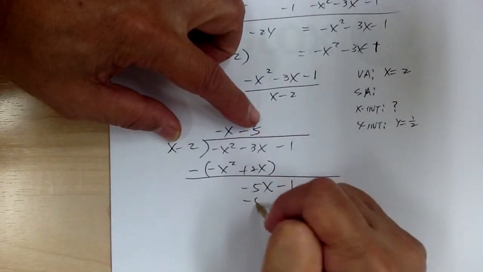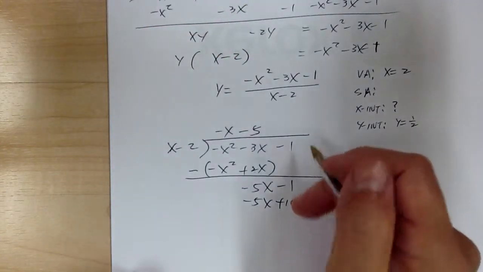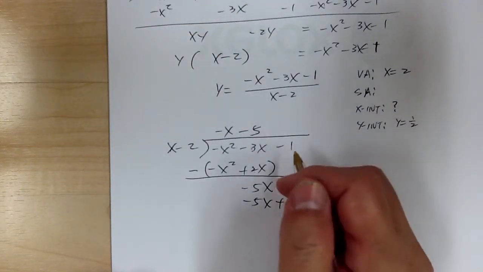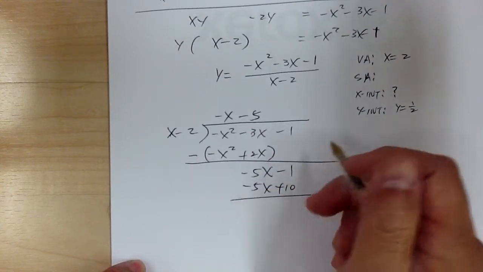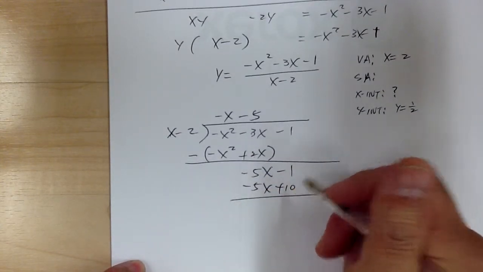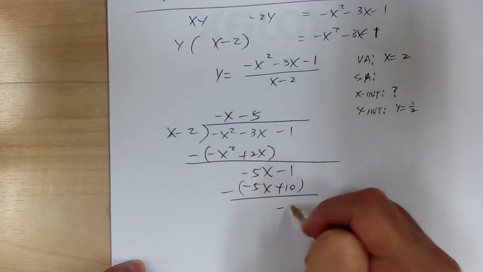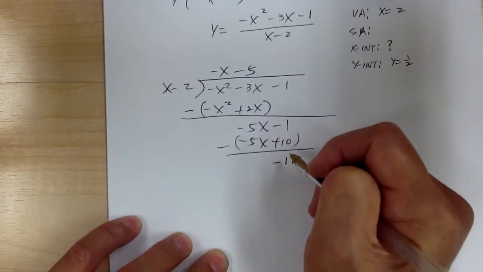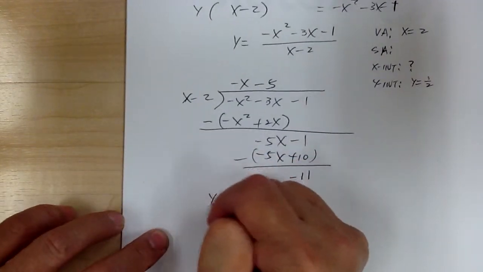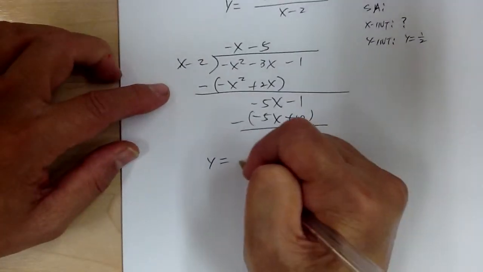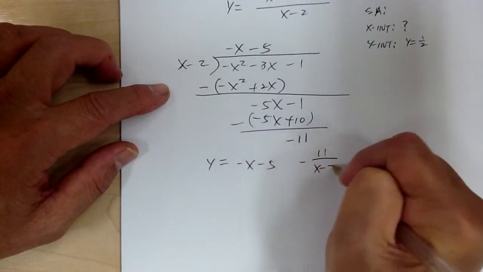Multiply, subtract, and you get negative 11. So your equation is y equal to negative x minus 5 minus 11 over x minus 2.